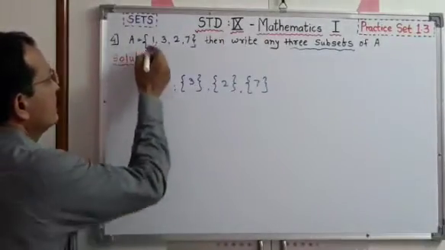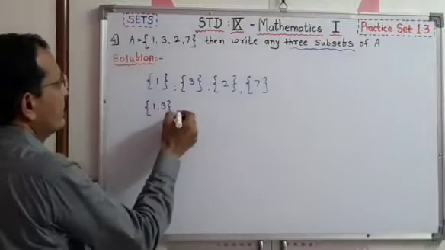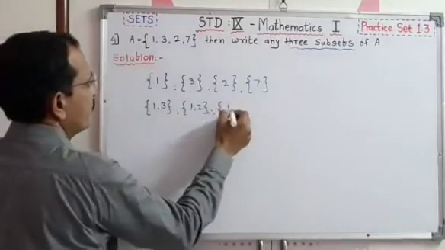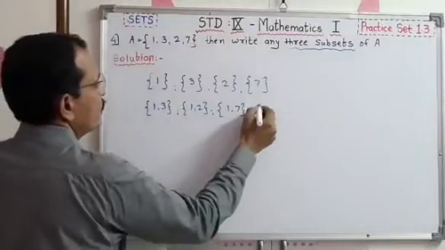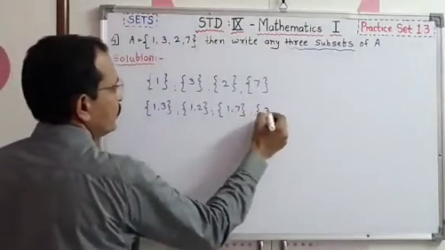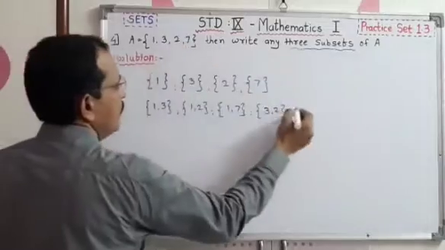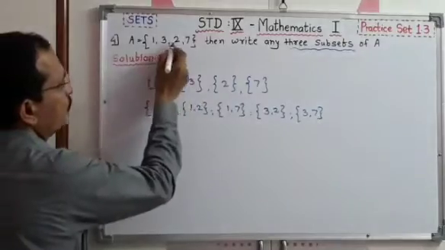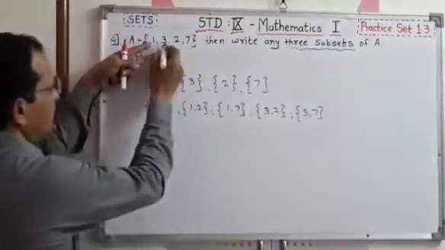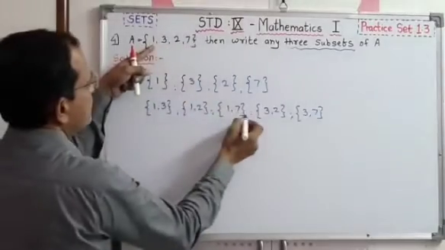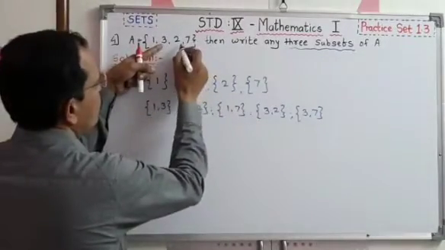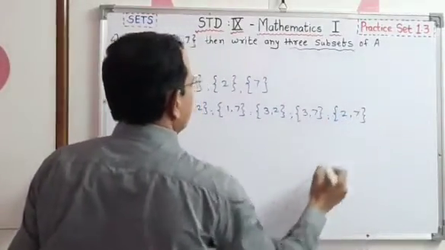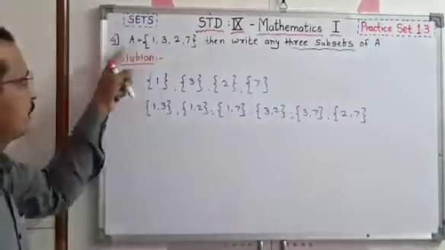Then we can consider 1 and 3, 1 and 2, 1 and 7, 3 and 2, 3 and 7, and 2 and 7. These are subsets of set A.